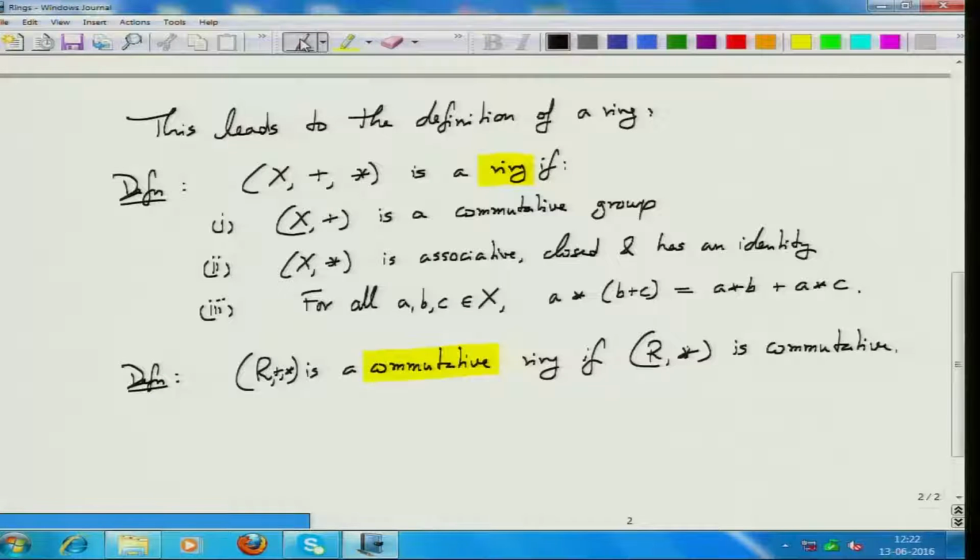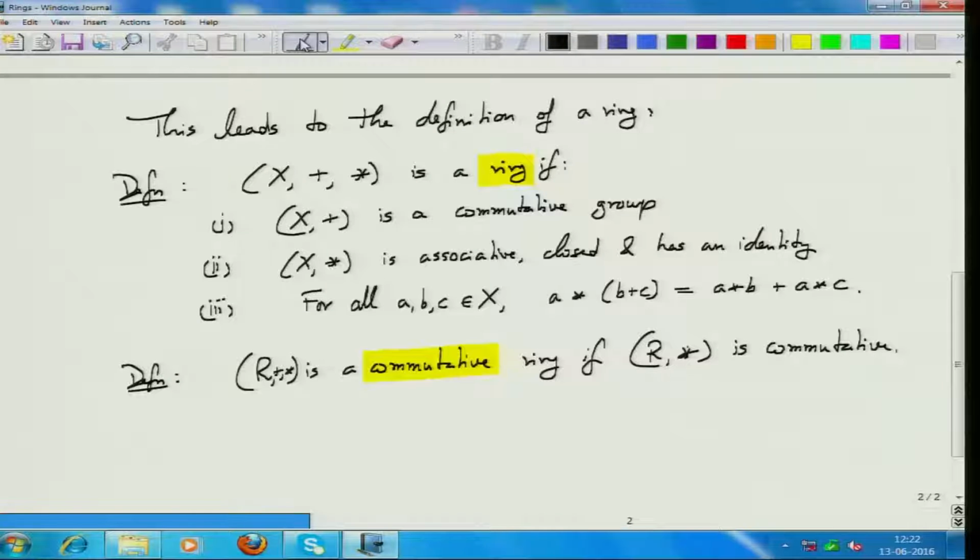So structure R under addition and multiplication is a commutative ring if the multiplication operation is commutative. Note that the addition operation must always be commutative. We are not leaving any option for it to be non-commutative.